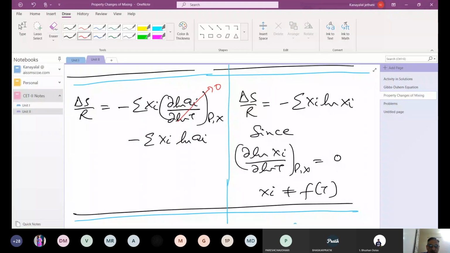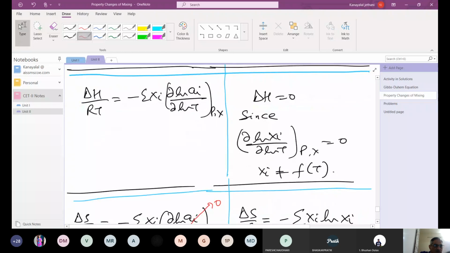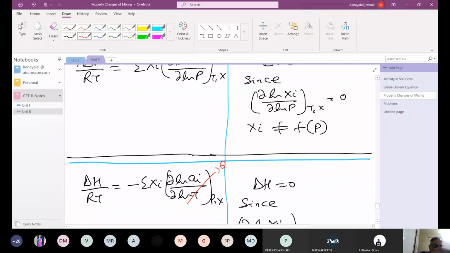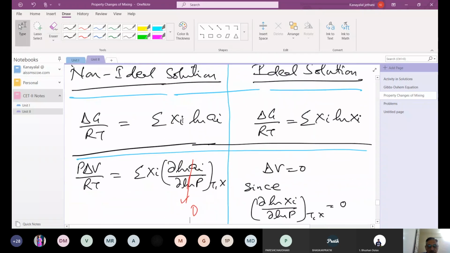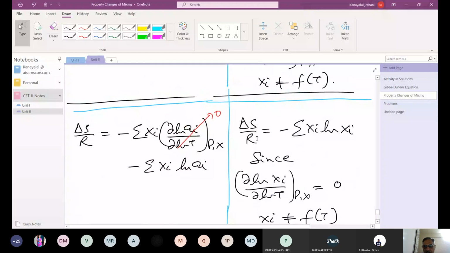This term becomes 0 like the previous term. So what we'll get is delta S by R is equal to minus summation xi ln xi.